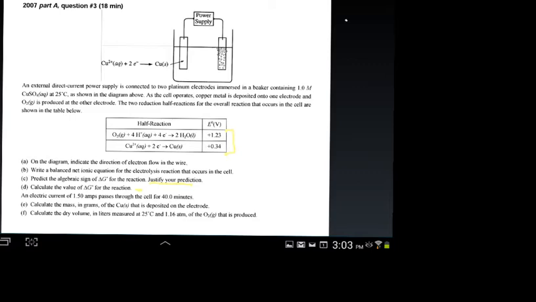So in C, what would be a reasonable answer? Well, I would say that delta G is definitely going to be, well, it's a non-spontaneous reaction because it's an electrolytic cell. So delta G is going to be positive.